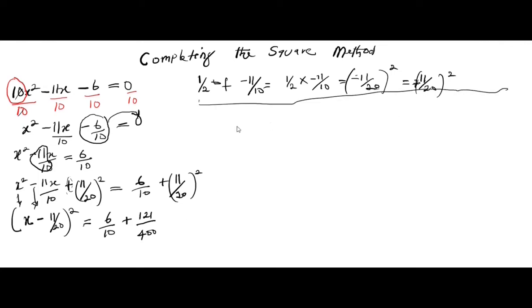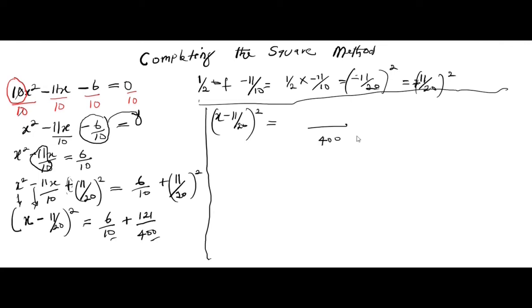So let's continue here. We have x minus 11 all over 20 all squared equals, the LCM of 10 and 400 is 400.